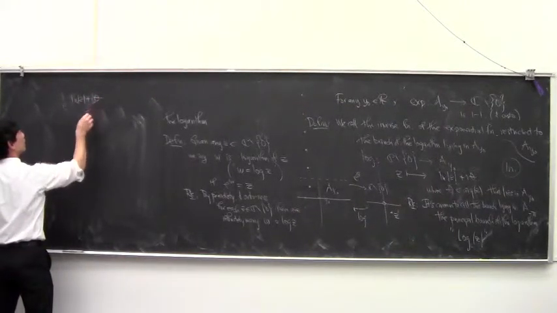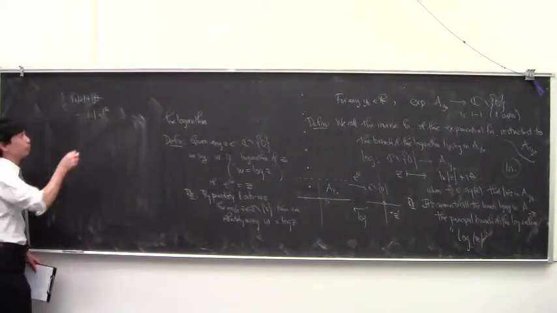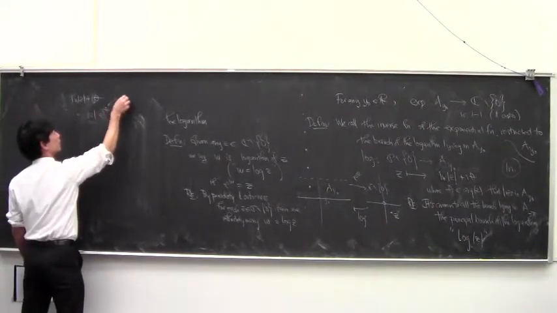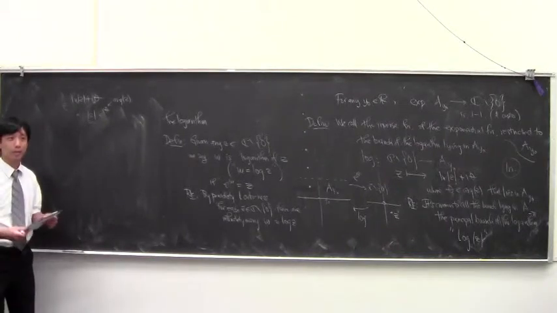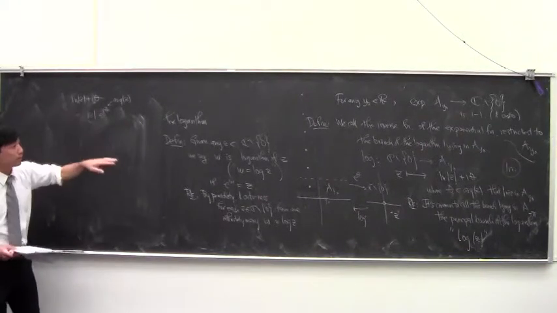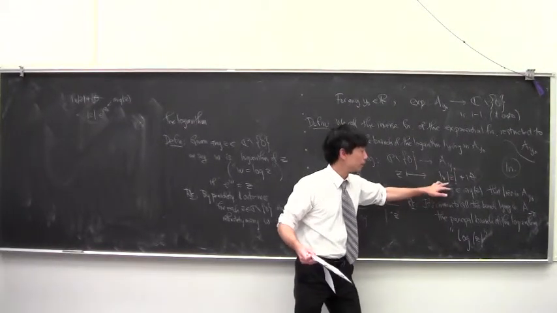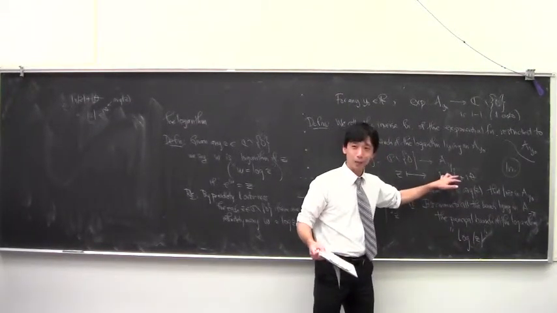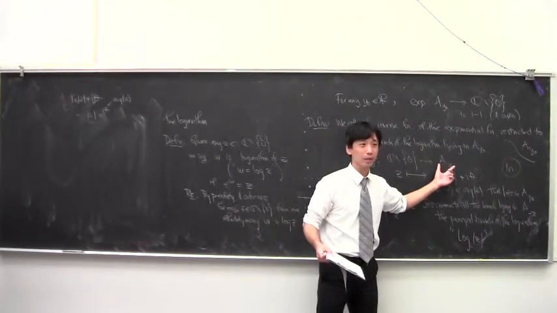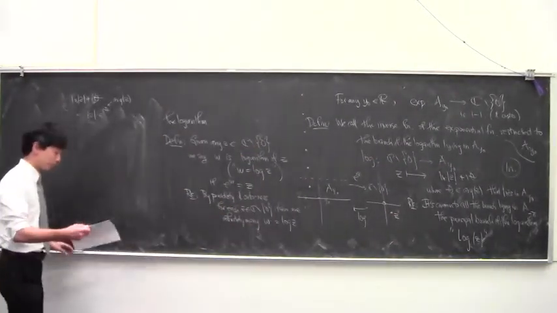This is modulus of z times e to the i theta, where theta is a particular argument of z. So it has the right modulus and it has the right argument. This is a logarithm of z, and we've chosen it to be the one where the argument lies in this interval. Okay, so that's what it means to choose the branch.